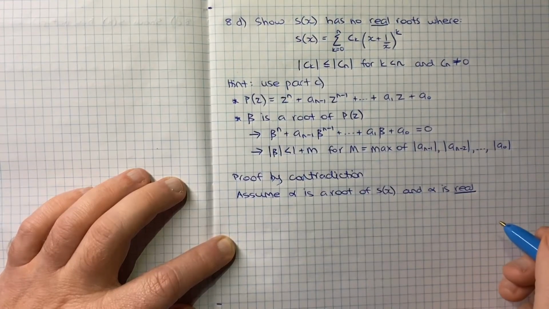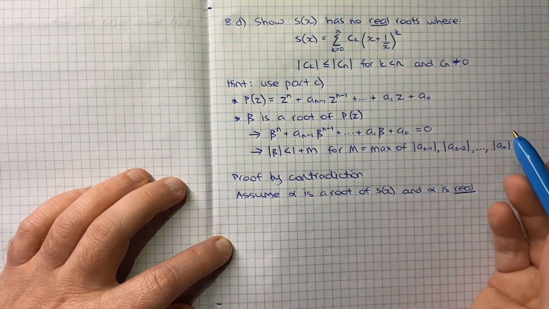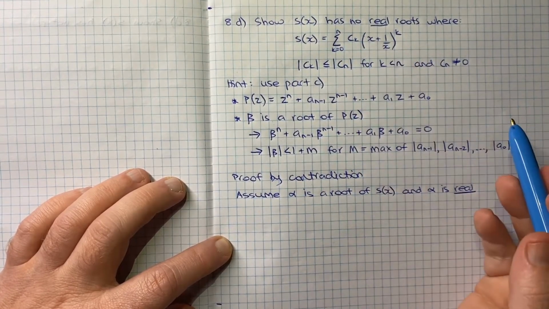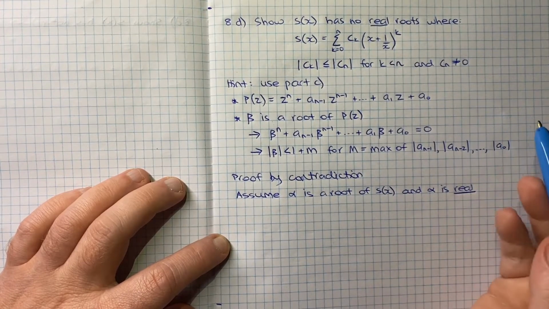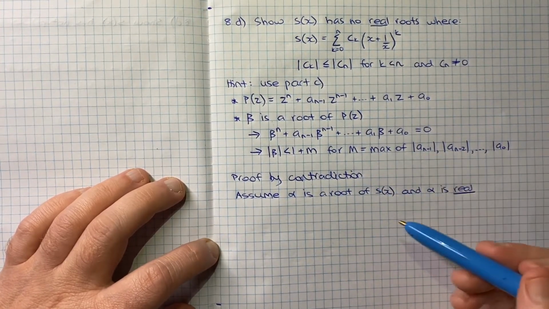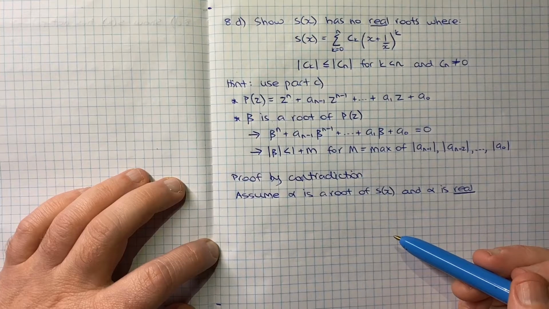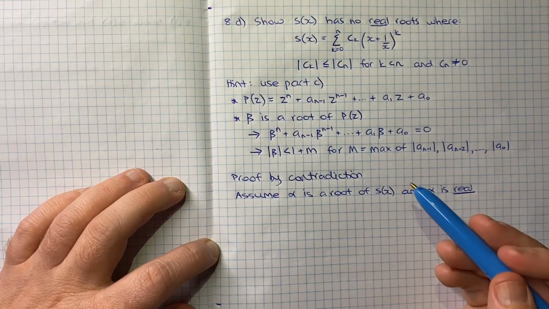So that's our setup. So we've got this real root of S(x), even though we're trying to show there aren't any.